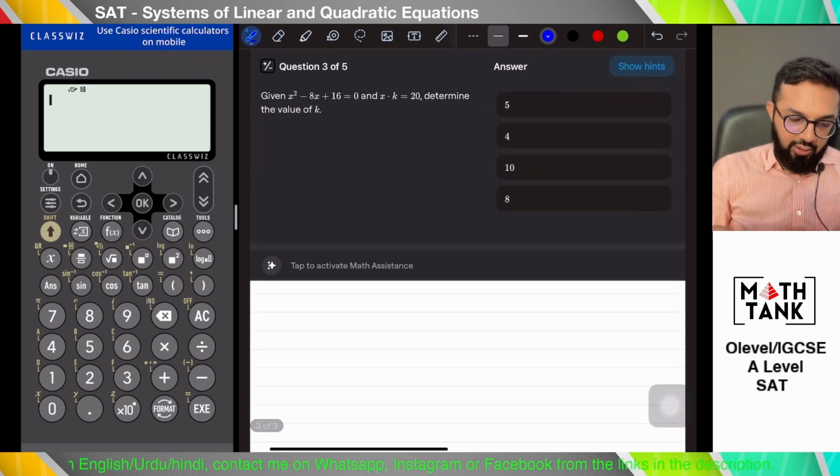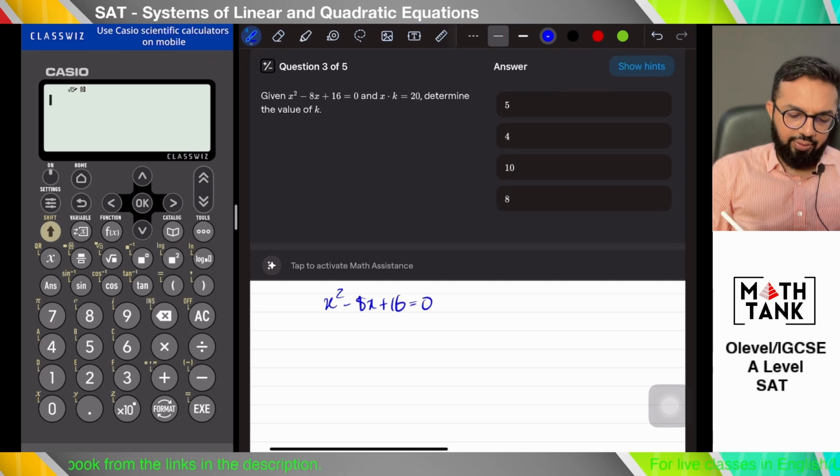Question number 3. x squared, this, and x times k. Determine the value of k. Okay, so x should be 20 over k, or I could just solve this: x squared minus 8x plus 16 equals 0.